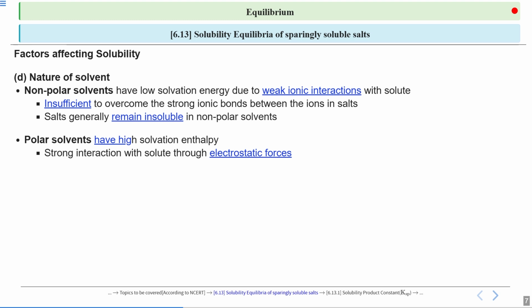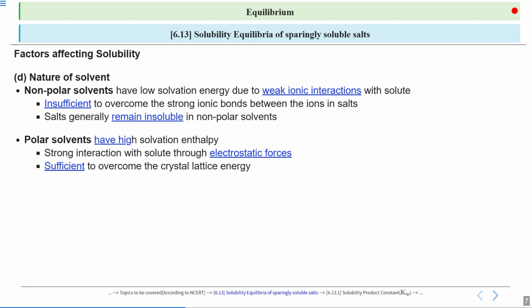So each part will interact with the corresponding opposite part of the solute, right? And that will result in a strong electrostatic force of attraction, resulting in lower energy, because attraction forces always result in lower energy and repulsion forces always result in higher energy. So that is the basic nature of the energy.